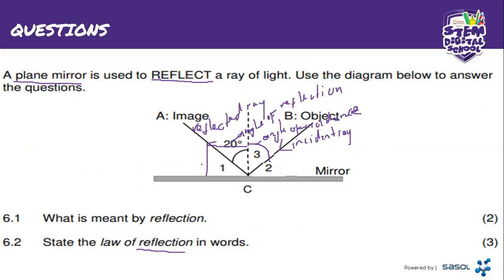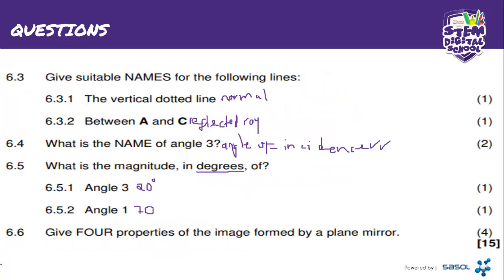So if this entire angle is 90 degrees and the angle of reflection is 20 degrees, it means to take it to 90, angle 1 must be 70 degrees. So our answer there. Am I correct if I've written that? No, an angle there is measured in degrees, so I have to show the degree sign. Without the degree sign, you can't get a mark because it's not an angle.